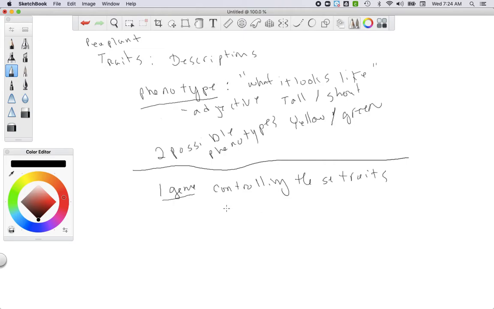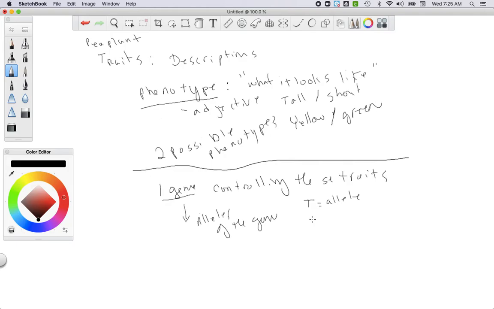The 2 possible phenotypes are because there are alleles of the genes. There are forms of that gene in the population. So for tall, there was a tall allele.